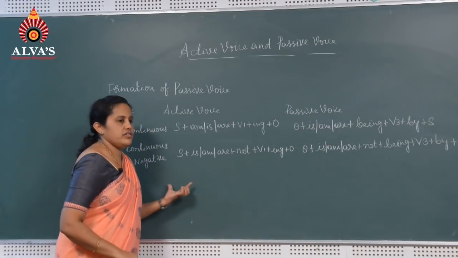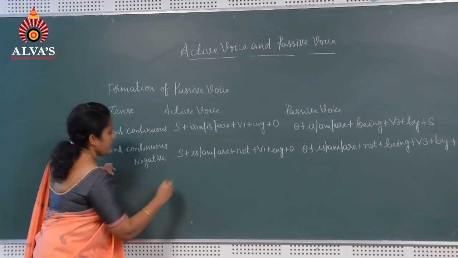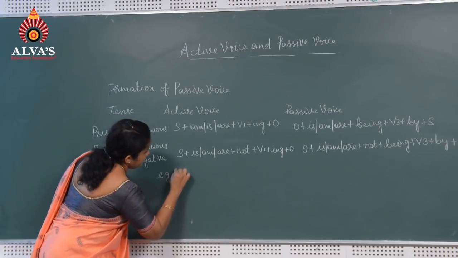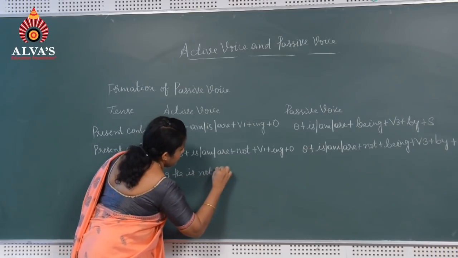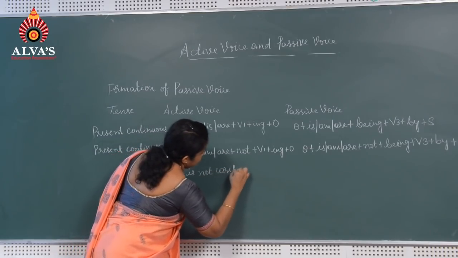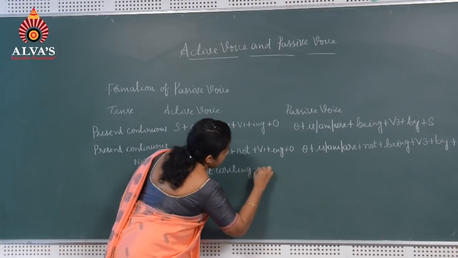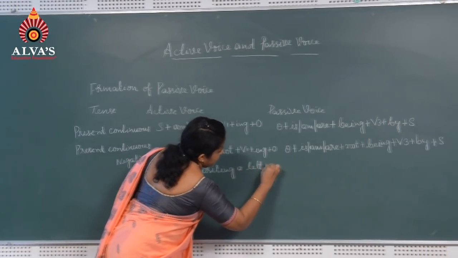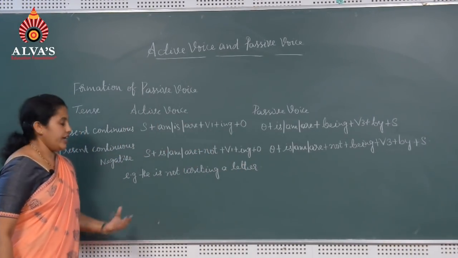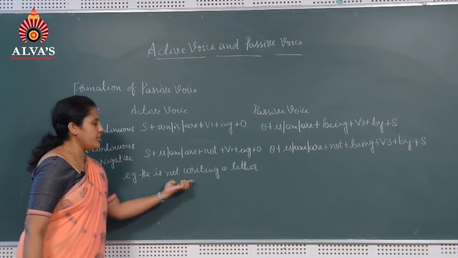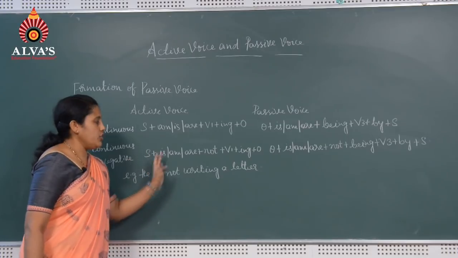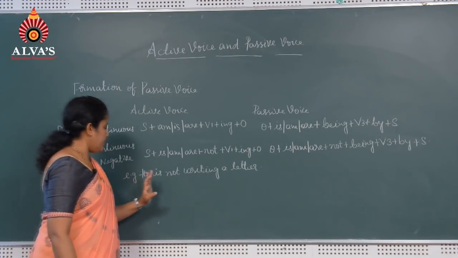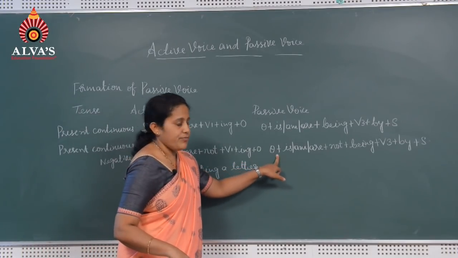So, if we take the example, he is not writing a letter. So, this is in active voice, he is not writing a letter. When we change from active to passive, we have to see this formula.